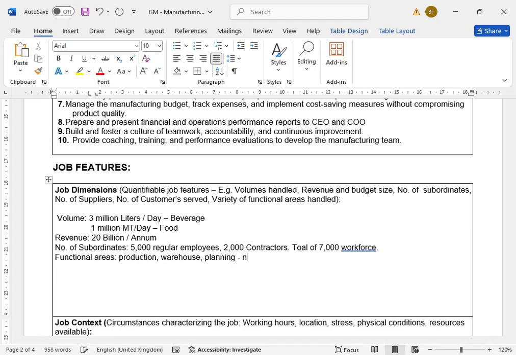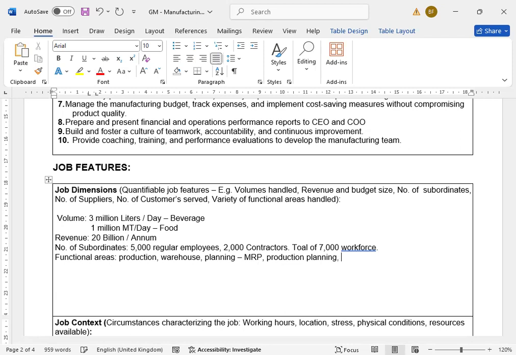It could be MRP, or it could be production planning.